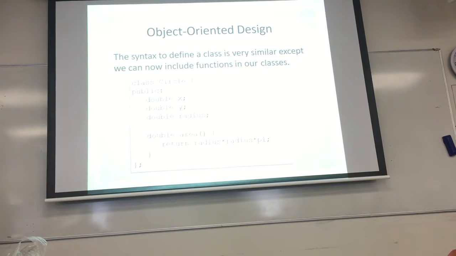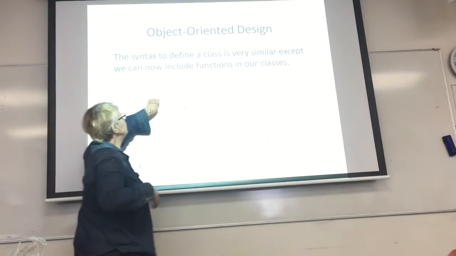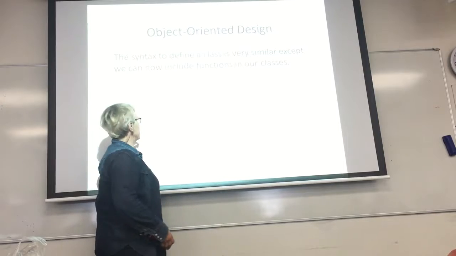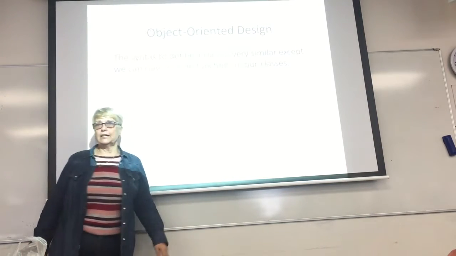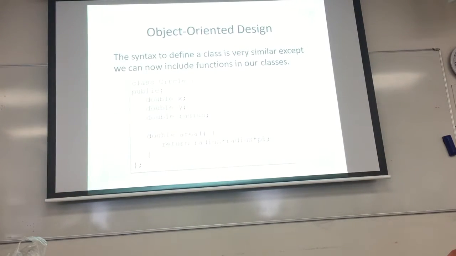Instead of double X, they can say, I don't know, integer X. And then area doesn't work any longer because it's returning some double value maybe, or some other, in this case is not so important.